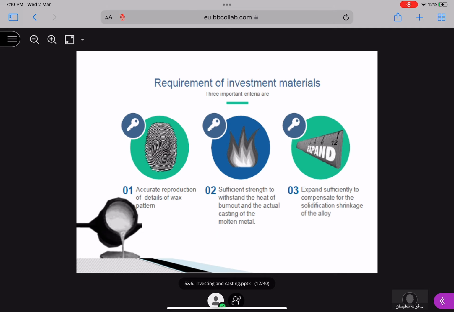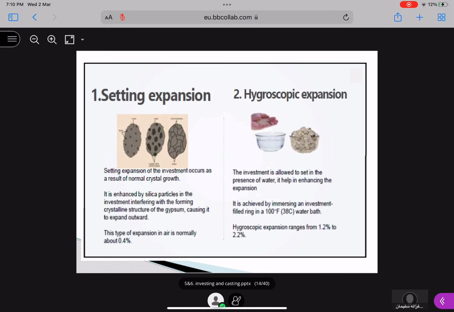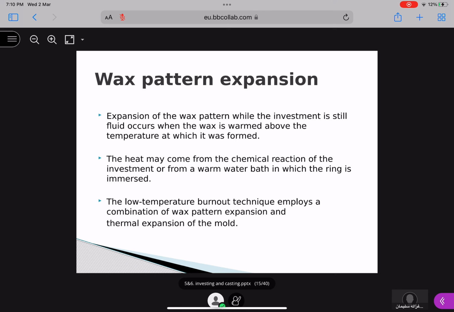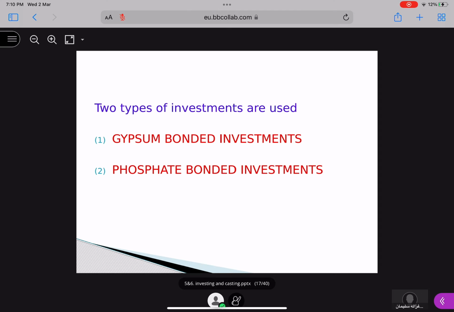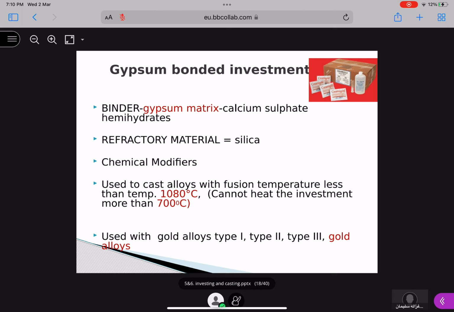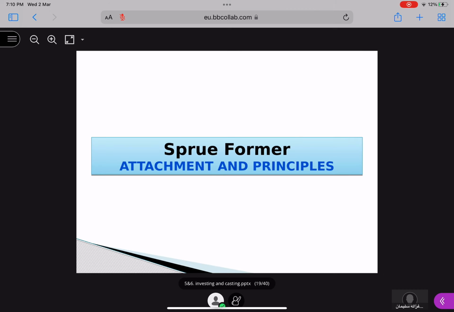Then investment material, what the requirements are, and how we can compensate for shrinkage and expansion. Then we have gypsum and phosphate bonded investments, and I told you that gypsum bonded investment we use for type 1, 2, 3 gold alloys. And we are continuing with these gold alloys.